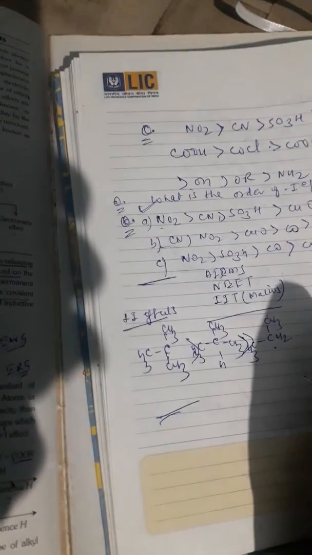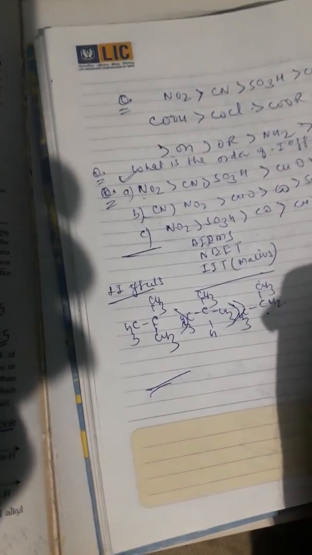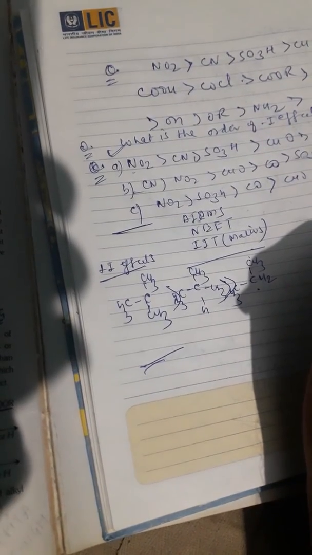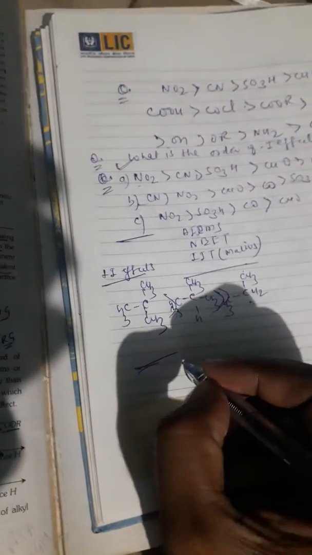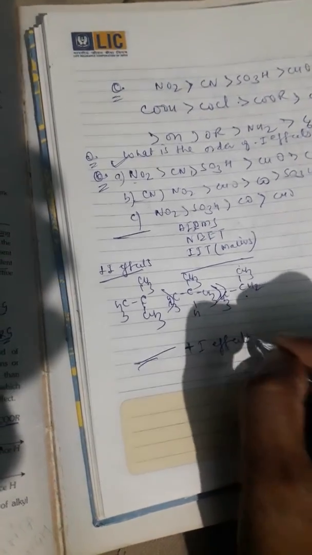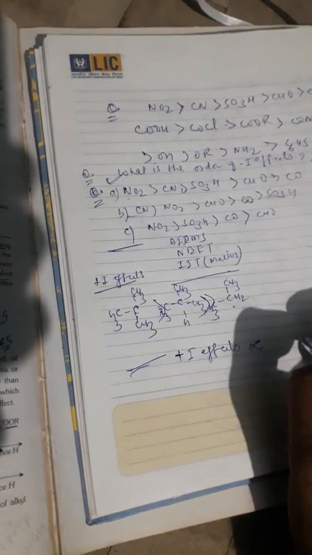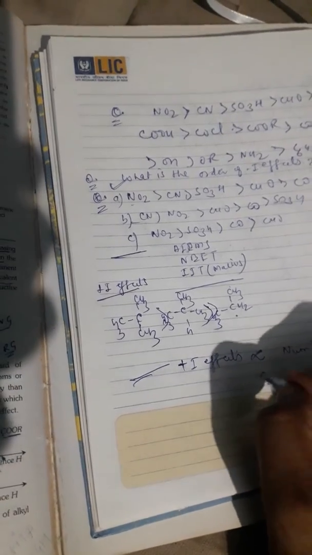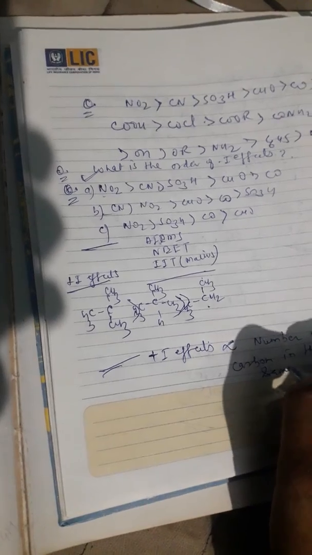Today I have discussed plus I effect and minus I effect. One formula is that the plus I effect is directly proportional to the number of carbon atoms in the same alkyl group.